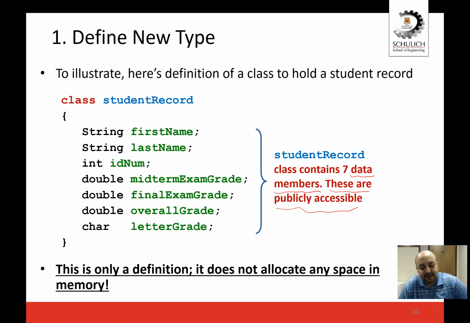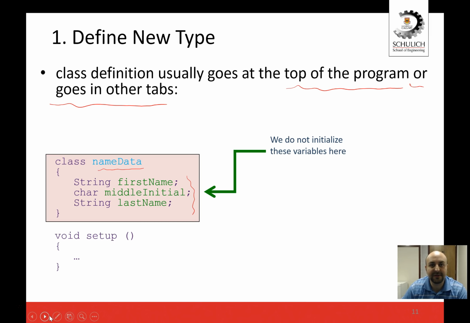It's a good practice to name, for example, say class name data on top of the tab, and then the class would be inside of that tab, and have almost like a different tab for every class. It's a really good organized way to do it, unless you have a lot of classes, and then you can put them together.